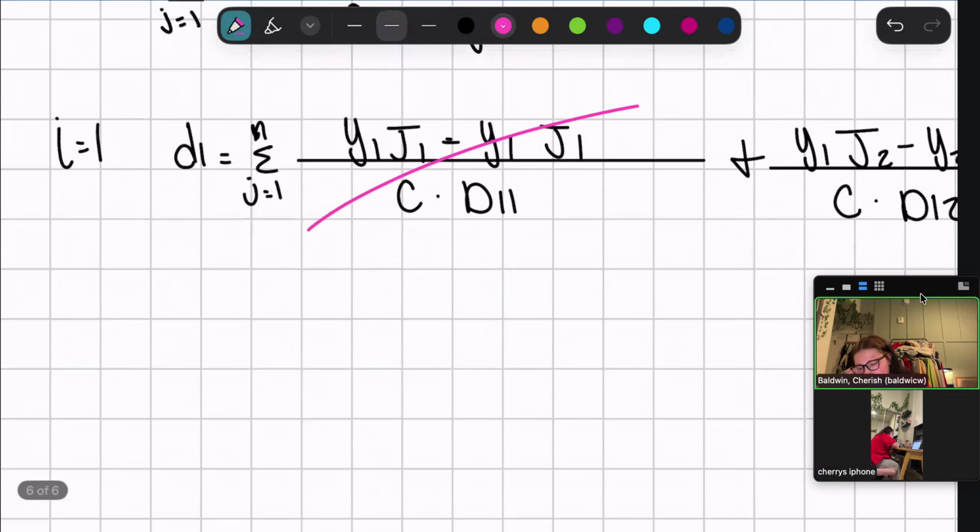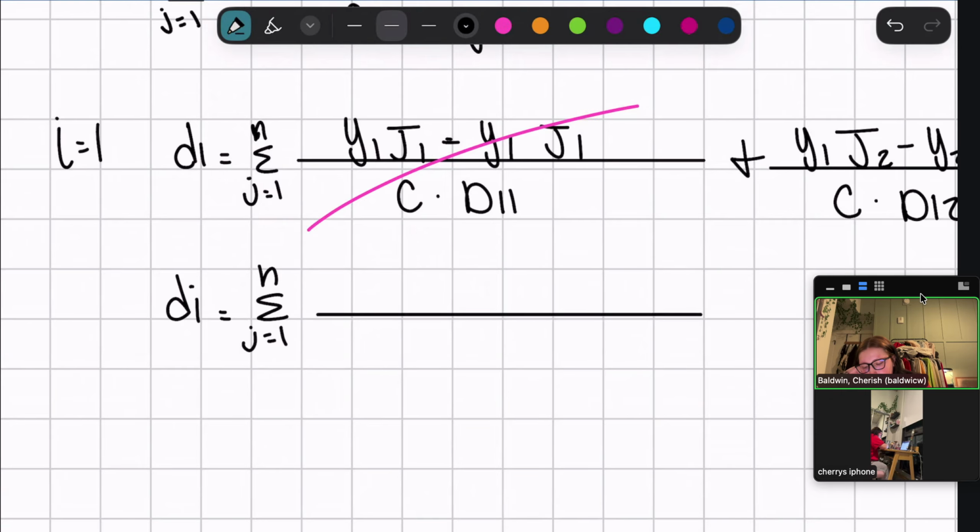So it turns into driving force of 1 is equal to the summation of n1. Alright, so then that gives us mole fraction of 1 times the diffusive flux of 2 minus mole fraction of 2, the diffusive flux of 1 times the concentration times the diffusion coefficient of 1 through 2.